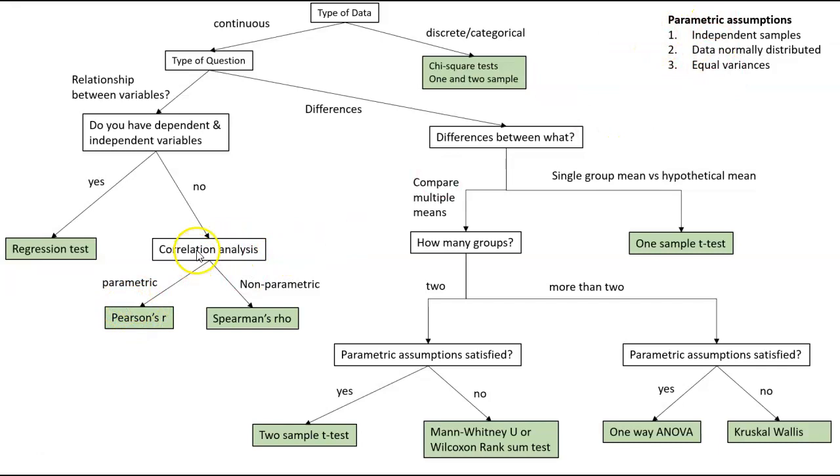Now, why we use this instead of the regression test is that we don't know, for example, which one is the dependent variable and which one is the independent variable. We could just as easily switch these two with each other. It's not specific for us which variable should be on the x-axis and which one should be on the y-axis.